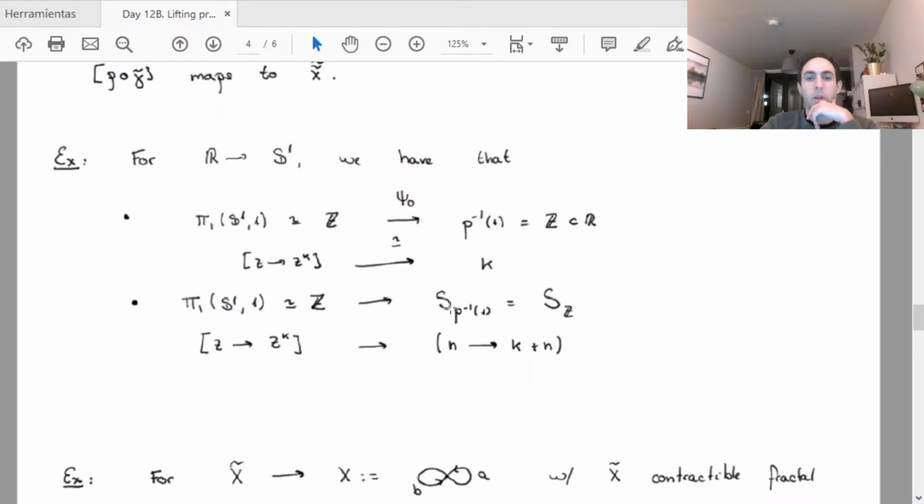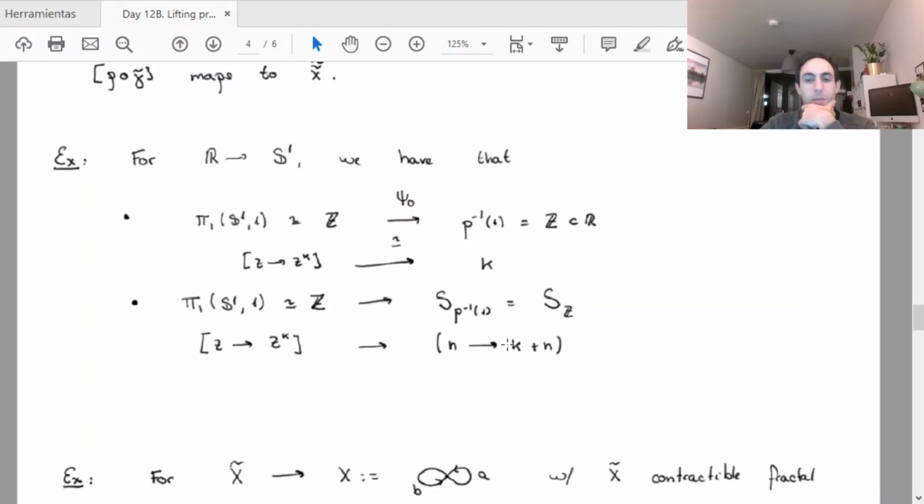And now if we look at permutations, it's very similar. Again, I take the same loop representing the same class. And now we take this loop and lift it to a path starting not at 0, but at n. Where will the lift end up? Well, it will end up at n plus k.